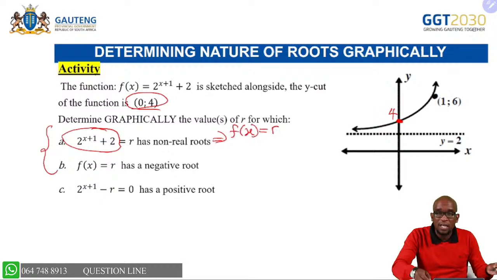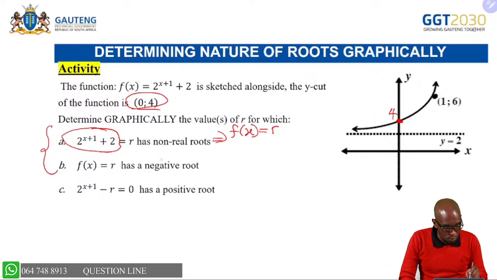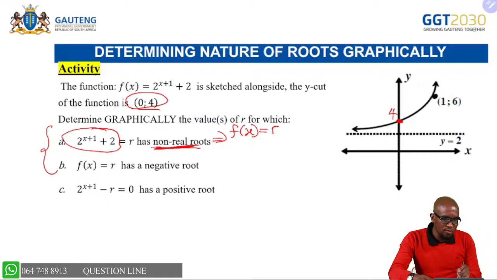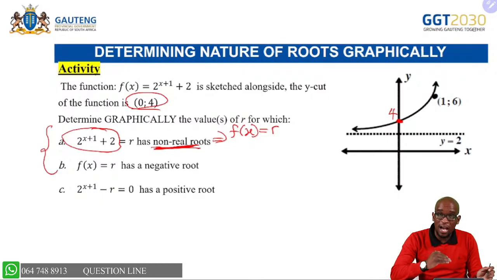So we are moving the line y equals r. What are the desired outputs there? We are interested in where the graph would have non-real roots. Because we want the graph to have non-real roots, we are going to be moving our horizontal line f of x equals r, such that that particular horizontal line does not touch the graph.